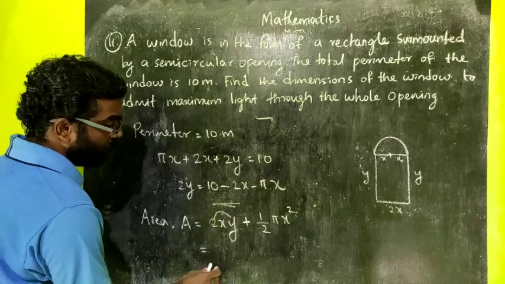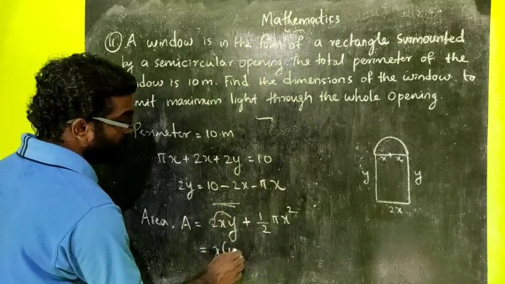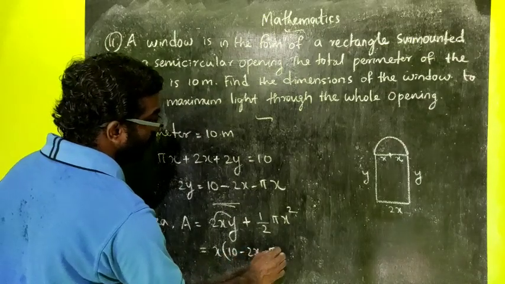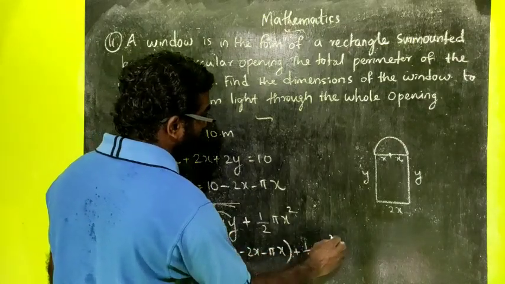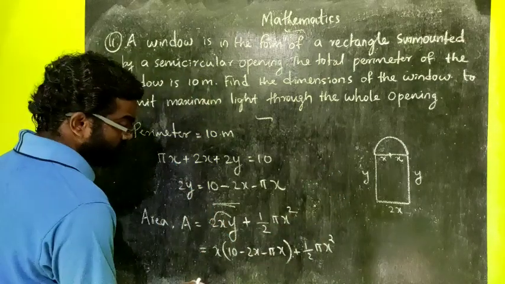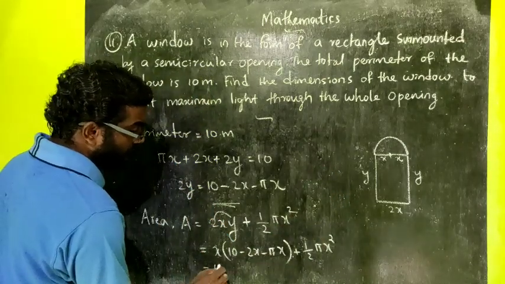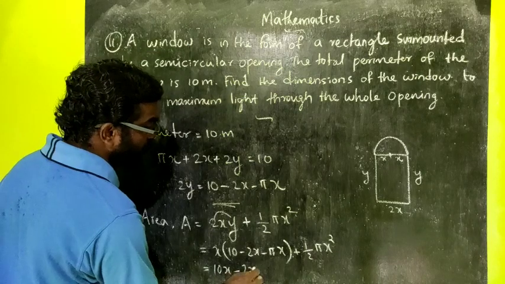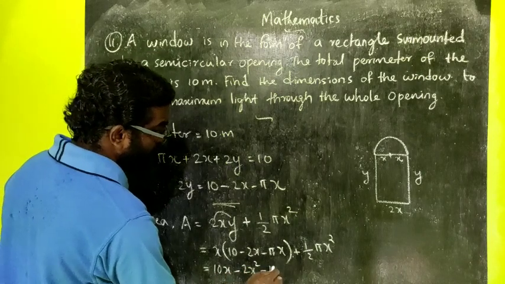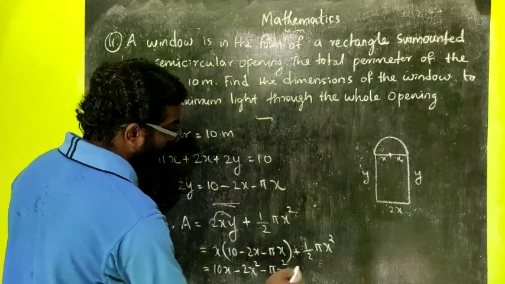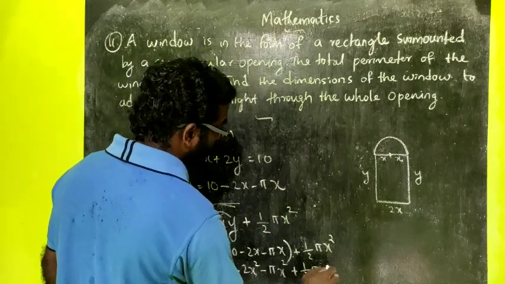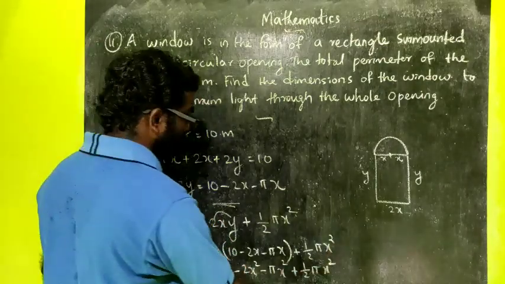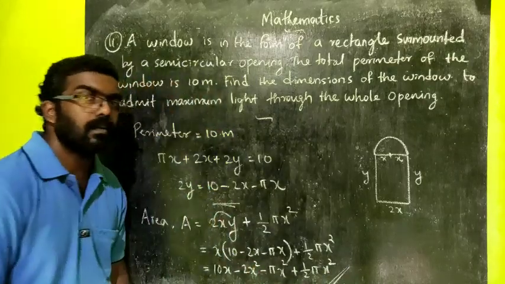So instead of 2y we can write x into 10 minus 2x minus pi x, plus half pi x square. Multiplying x, 10x minus 2x square minus pi x square, plus half pi x square. So this is the area function. Clear?